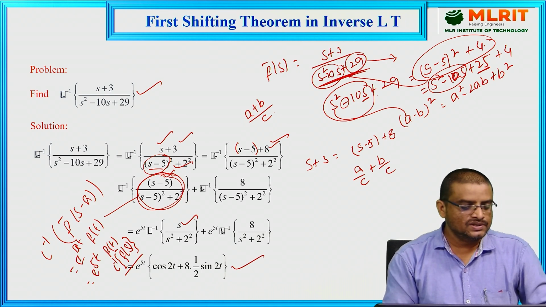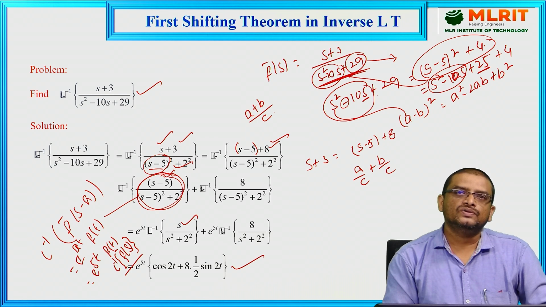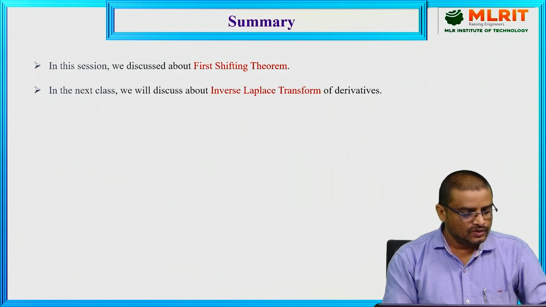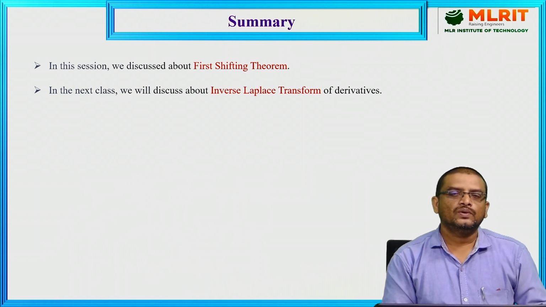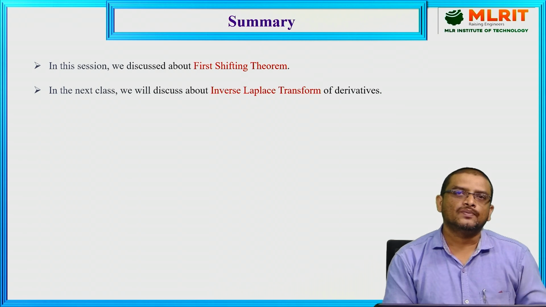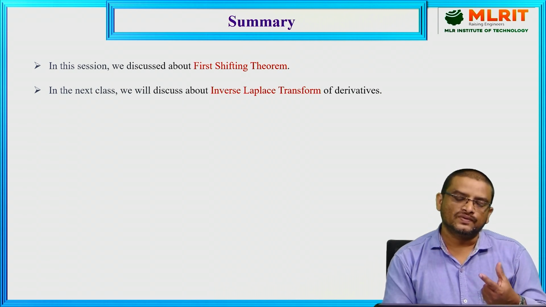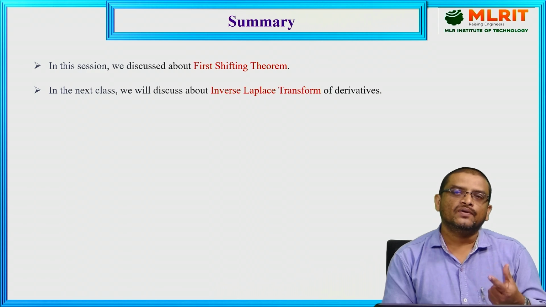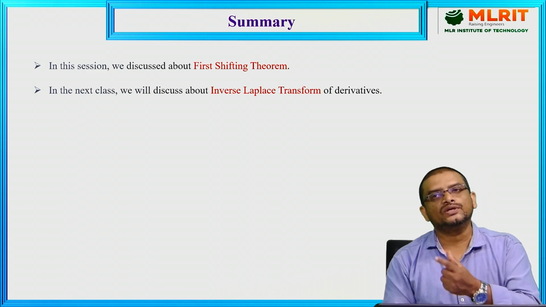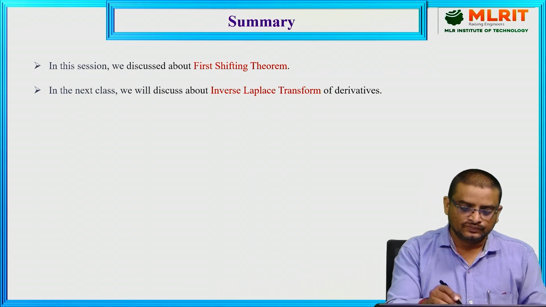So this is the way we can use the first shifting theorem in the inverse Laplace transform. In this video we have seen how to use the first shifting theorem to find the inverse Laplace transform for the given function whenever the denominator of f bar of s is not reducible into linear factors.